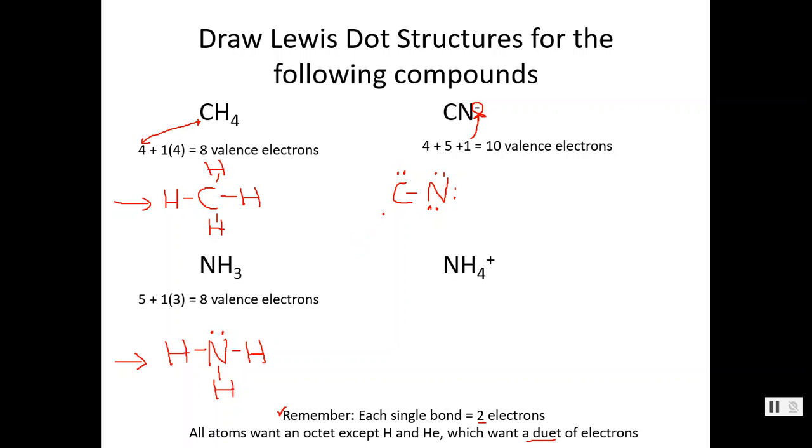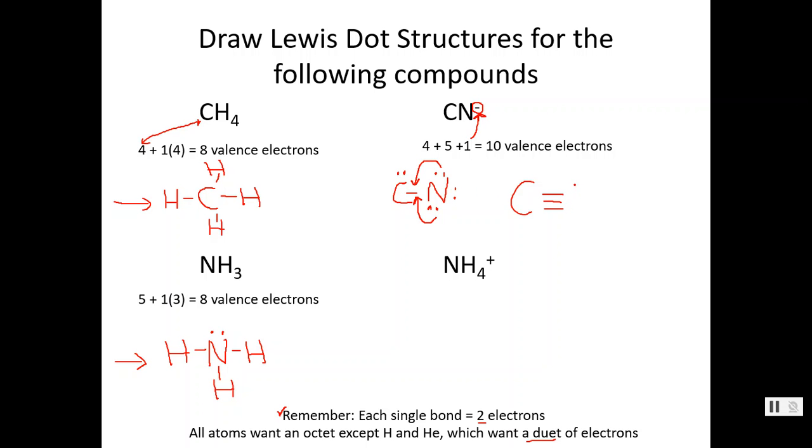Once you see that an atom needs an octet of electrons and you can't add any more electrons, you look to see if the attached atom has any lone pairs of electrons that it would be willing to donate or share with that other atom. In this case, nitrogen has 1, 2, 3 lone pairs of electrons. So nitrogen could very easily donate 2 lone pairs of electrons that can shuffle in between the carbon and nitrogen.